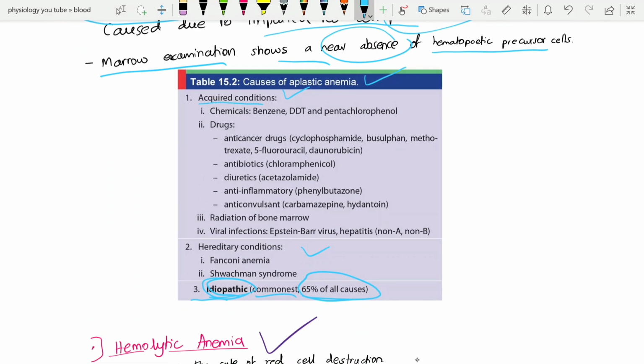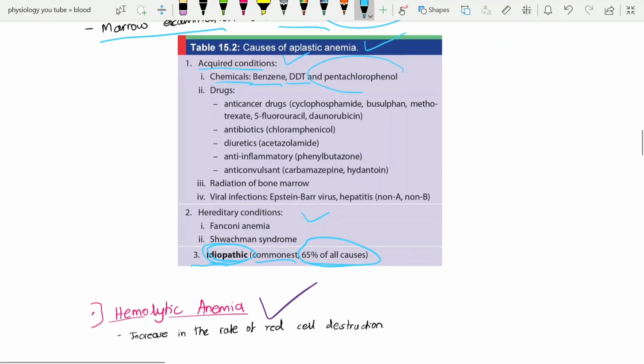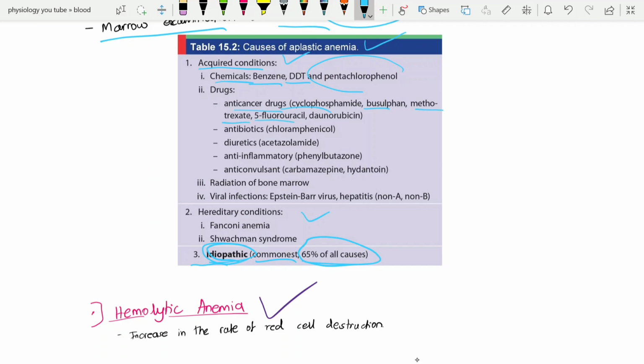Acquired conditions: chemicals such as benzene, DDT and pentachlorophenol. Drugs such as anti-cancer drugs, cyclophosphamide, busulfan, methotrexate, 5-fluorouracil and daunorubicin.